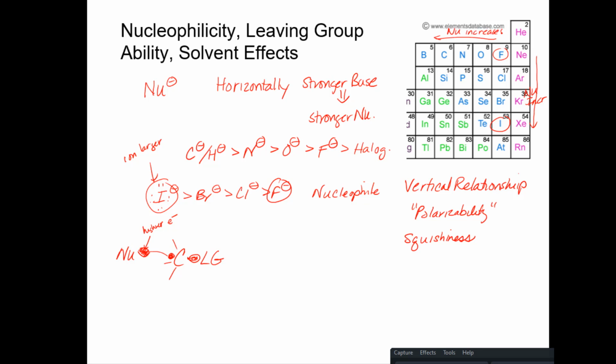So it really depends on whether you're talking about a horizontal relationship or a vertical relationship. Vertical, polarizability wins, and horizontally, basicity wins. Which leaves us with a paradox for the halogens. Who is the best nucleophile? Iodide.